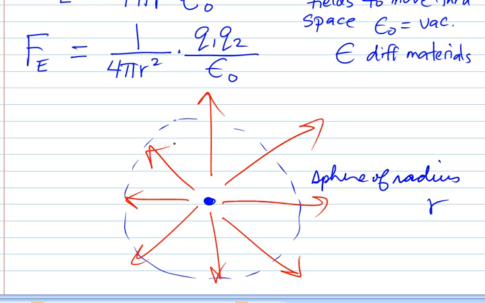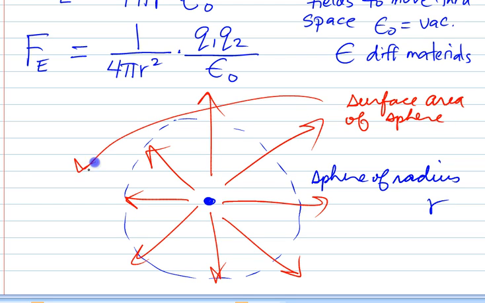Now, what happens if I try to figure out the surface area of the sphere? Well, think back to geometry. The surface area, I'll do it over here, A is, are you ready? 4 pi r squared.